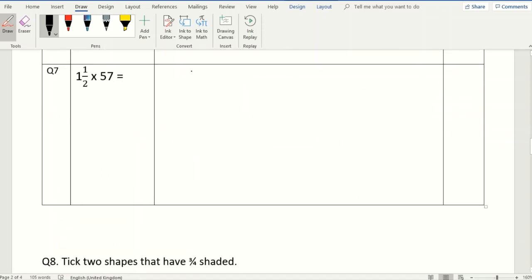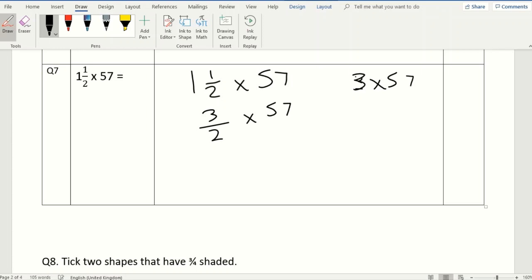Question number 7. 1½ multiplied by 57. First thing we need to do is convert this mixed number into an improper fraction. 1 times by the 2 is 2, plus the 1 gives us 3/2. Multiply that by 57. When we are multiplying fractions, we multiply the numerator with the whole number, so what we need to do is 3 times by 57, and that over 2.